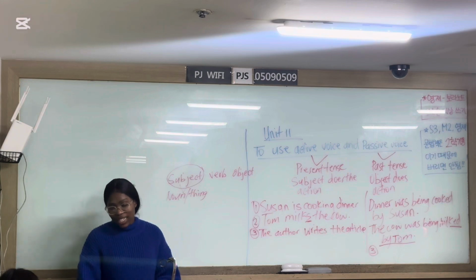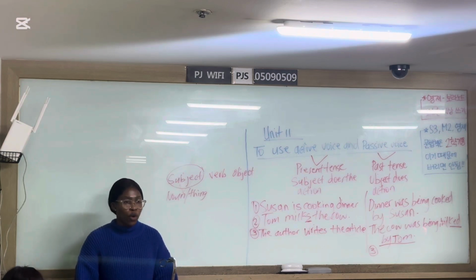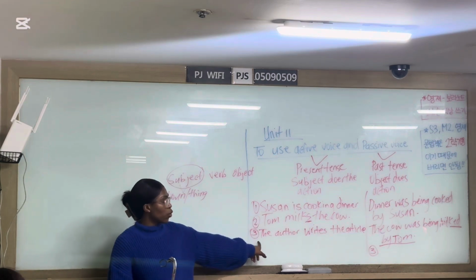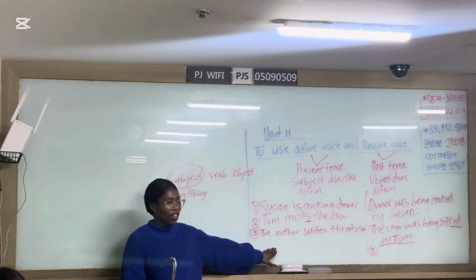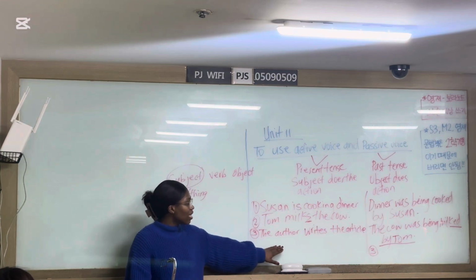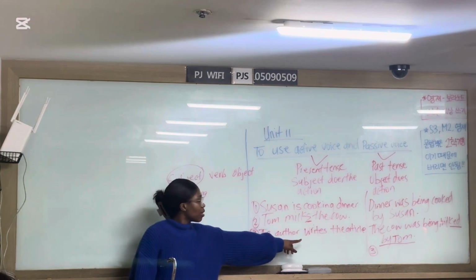Okay, now let's go to page 71. Active voice and passive voice. I wrote another sentence for you here so that we can change it together. The author writes the article, writes is present tense.